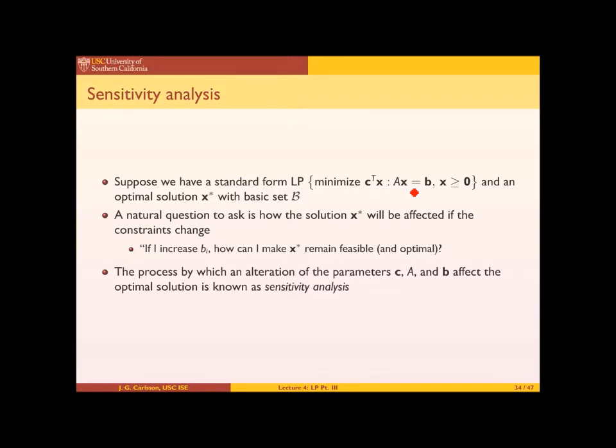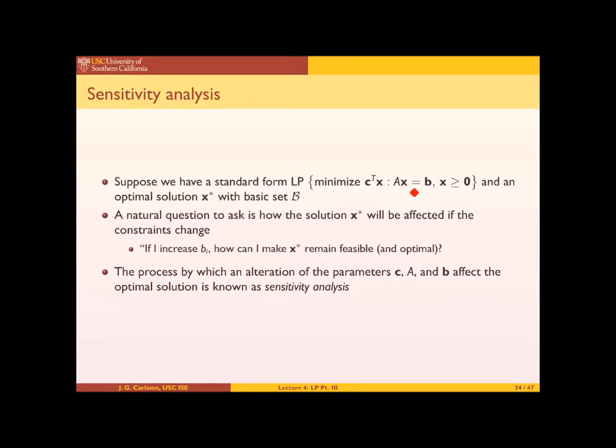And so the question of interest for the time being is going to be, what happens if you change some of the values in the right-hand side, that is the vector of lowercase b? Like you want to know, how do I make sure my solution remains feasible? How do I make sure it remains optimal?